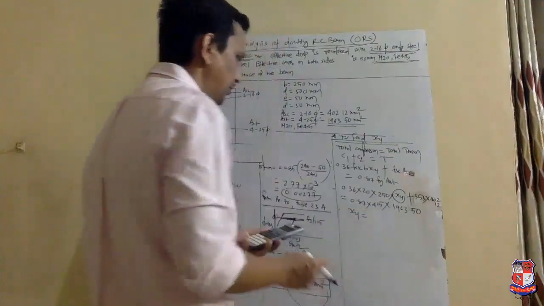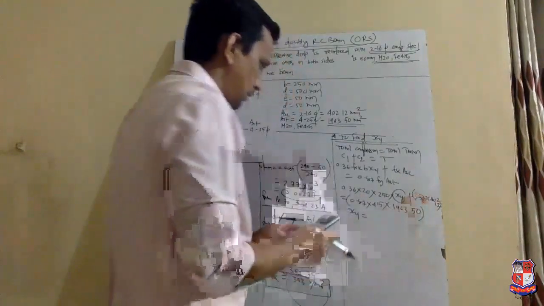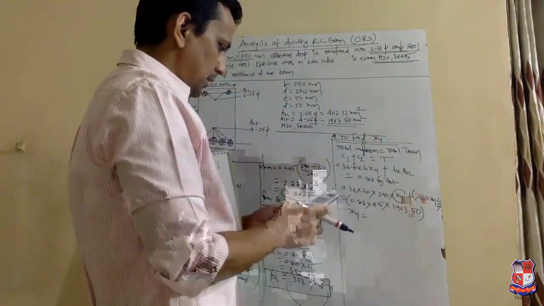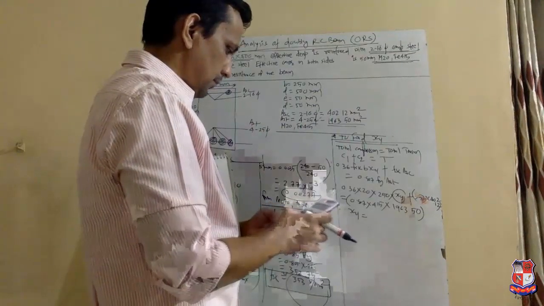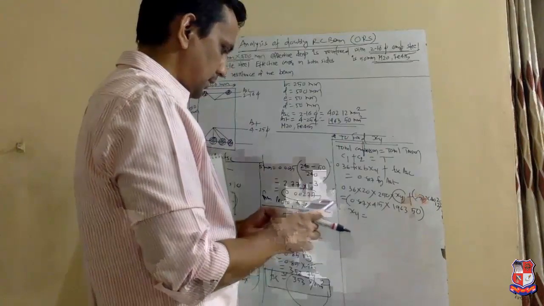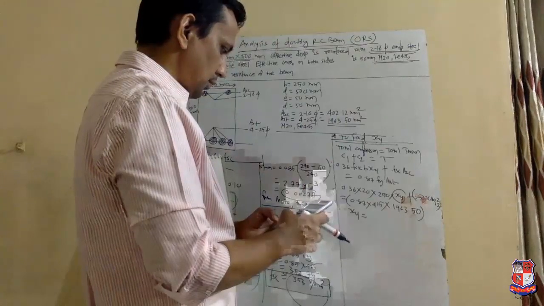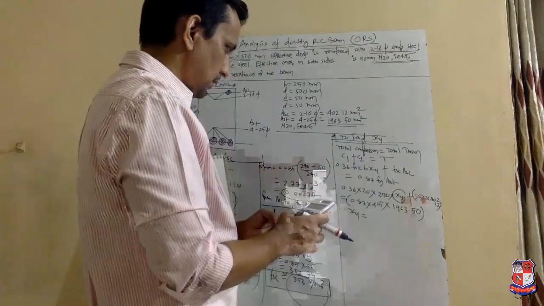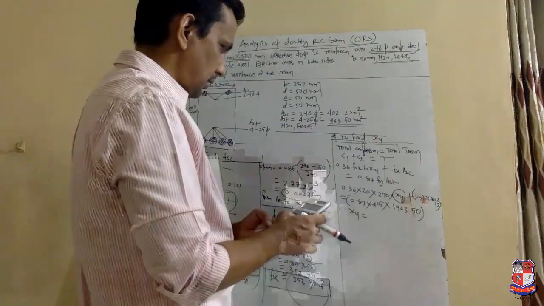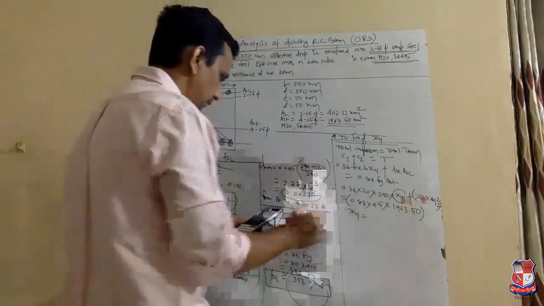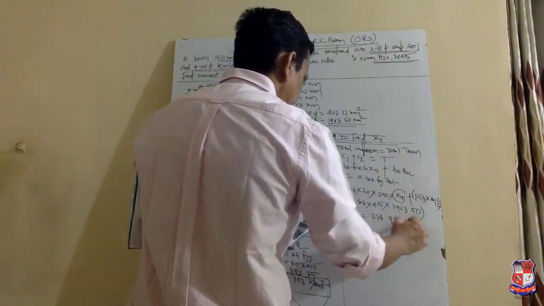When we do the calculation, we get the value of xu as 0.87 into 415 into 1963.50 minus 353 into 402.12, divided by 0.36 into 20 into 250. So we get the value of xu as 314.99 mm.